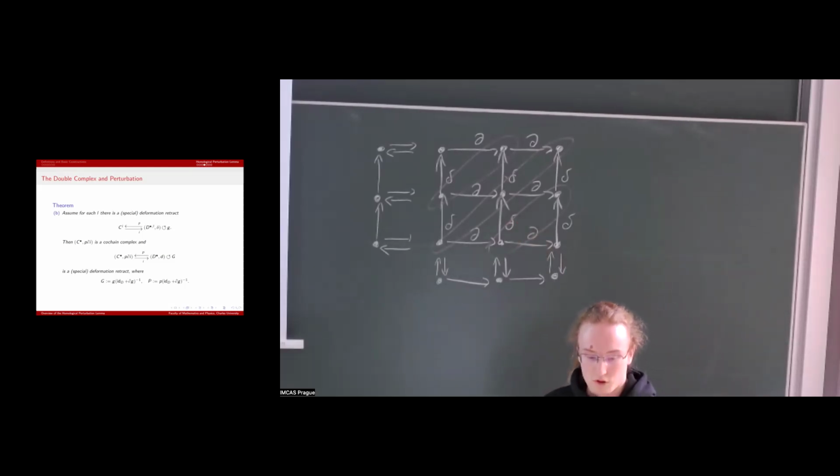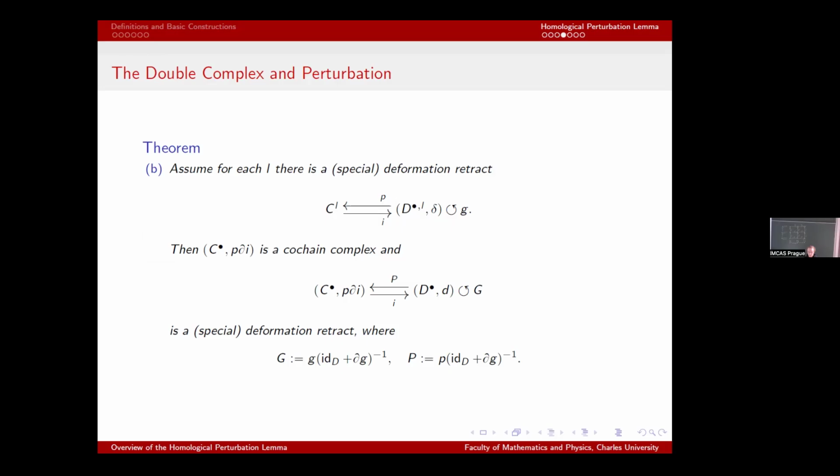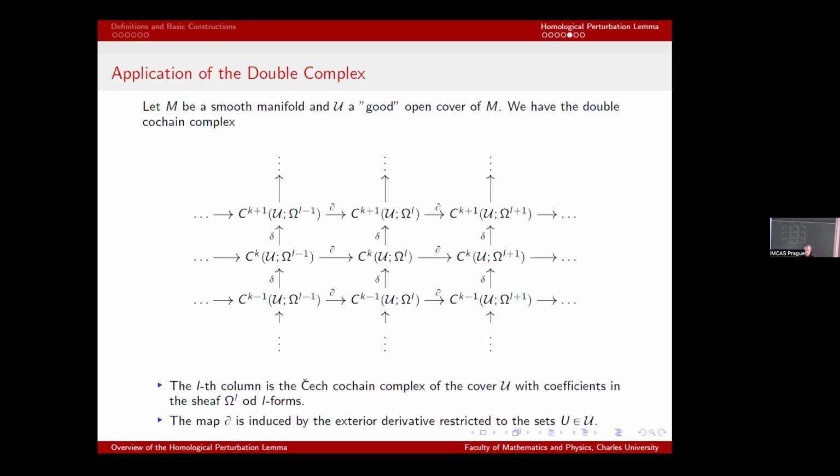And now we can use this theorem in the following application. We can use it to prove that the de Rham cohomology of a smooth manifold is isomorphic to the Čech cohomology. So our double complex in this case is this one. So the rows are induced.